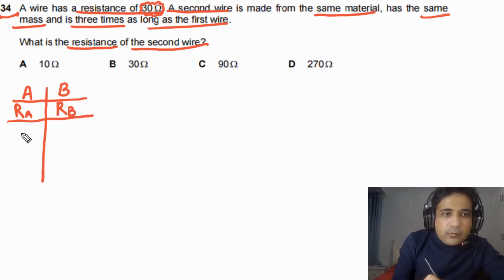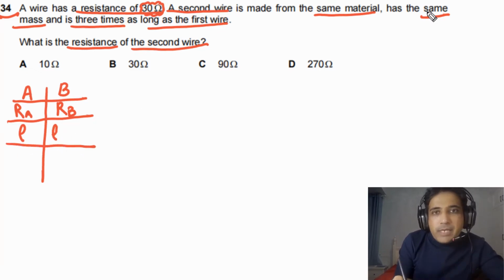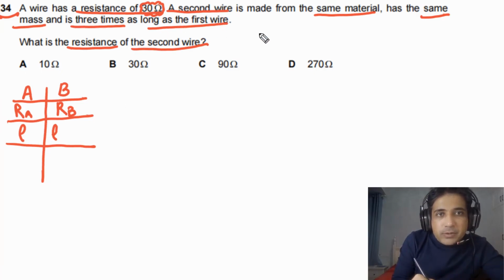They are made of the same material, meaning the resistivity of these two wires is the same. Resistivity is the same, and they have the same mass. If they have the same mass and the density is also the same, it means that the volume also is the same. The second wire has the same mass and is 3 times longer.